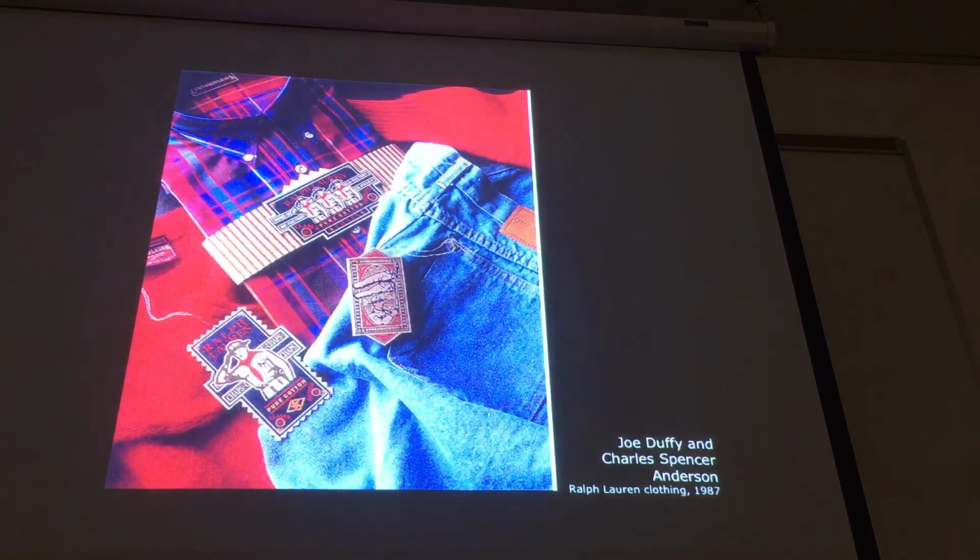From that point forward, Charles Spencer Anderson and Joe Duffy ended up working on a lot of projects together, so they ended up redesigning the labeling for Ralph Lauren, came up with a new logo that was used, and the ideas really came from the collection of stuff that Charles Spencer Anderson had been collecting since he was a kid.